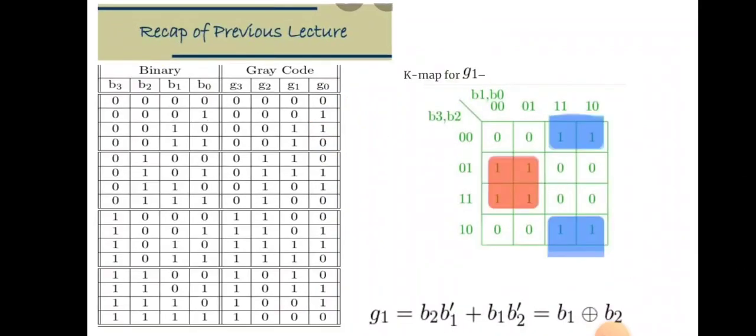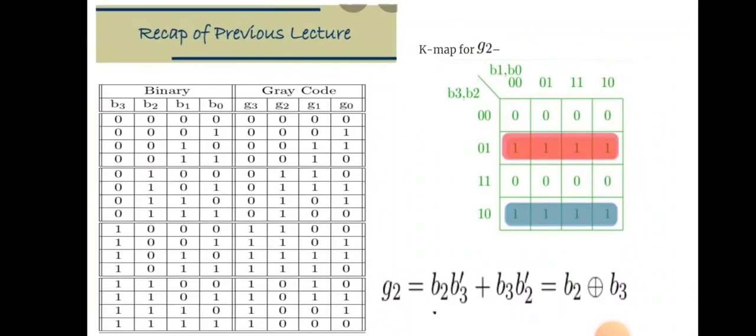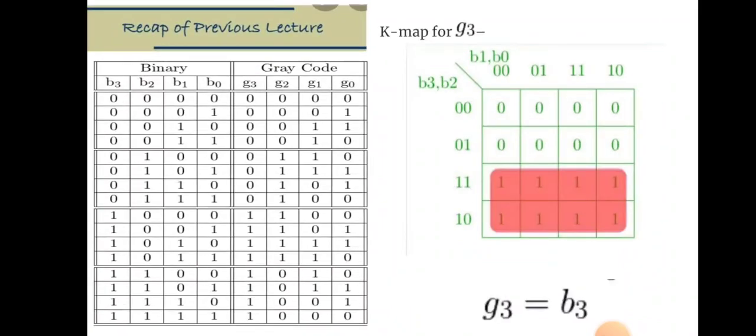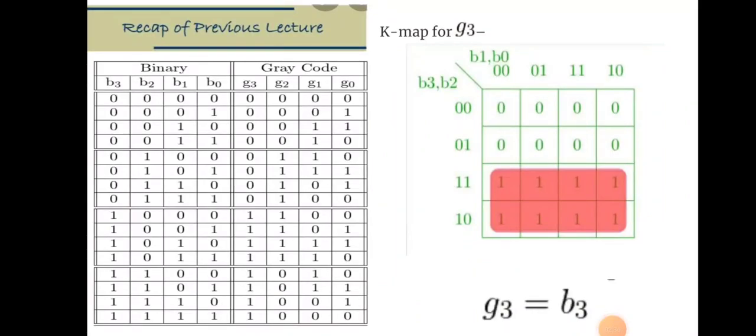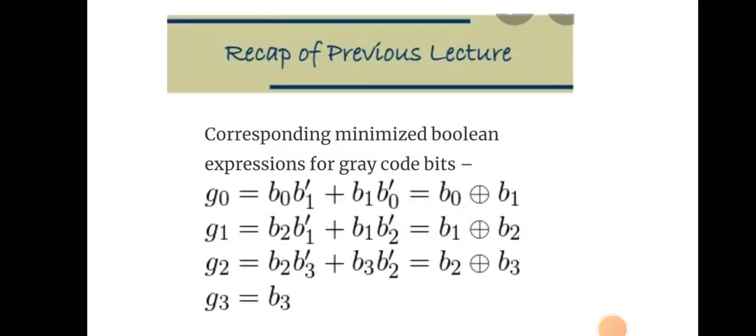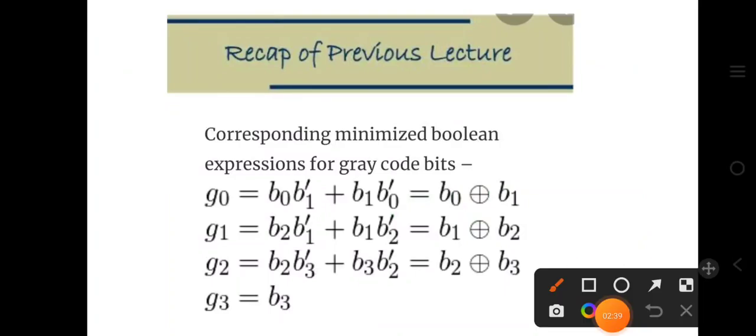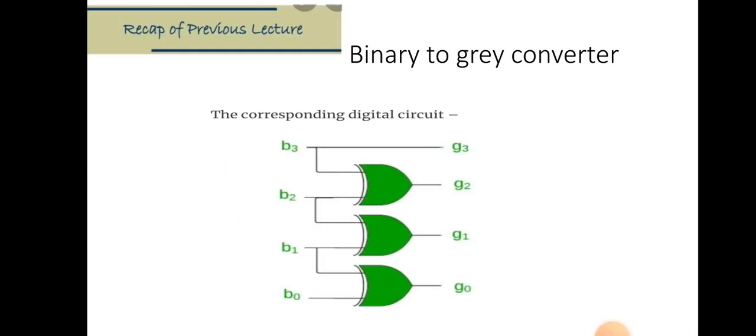After that we have used the same procedure to draw the K-map for G1. Then we have drawn the K-map for G2. Then we have drawn the K-map for G3. So in this way we got the equations for each K-map, and after using these four equations, that is G0, G1, G2 and G3, we have drawn the combinational circuit design.